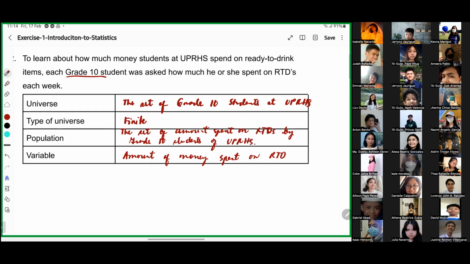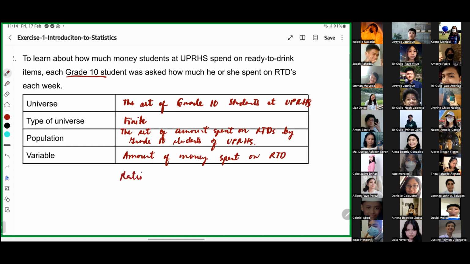What level of measurement do we use in this one? Sir, ratio po. This is quantitative, yeah, this is ratio, of course.